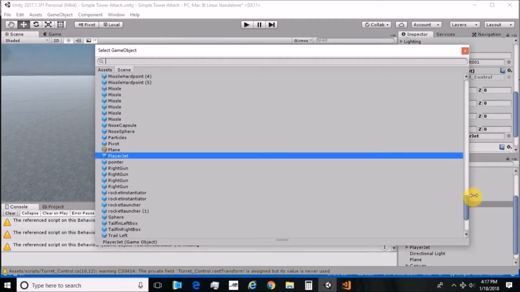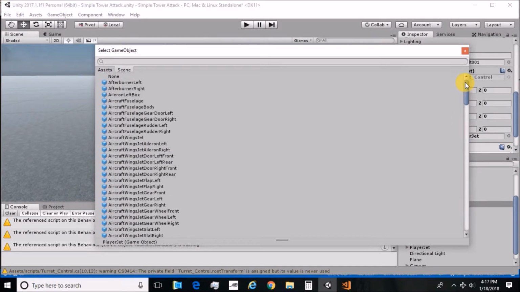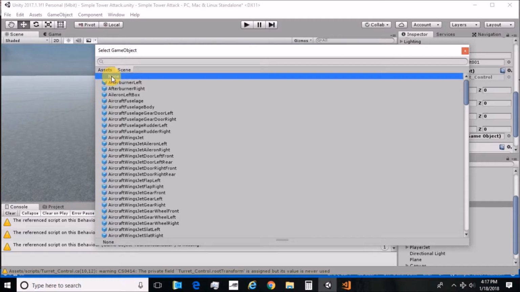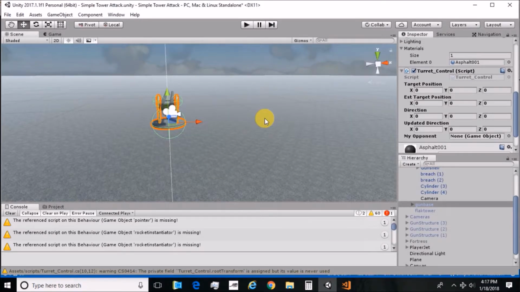However, I've learned it's best practice not to do this, but instead to acquire it at runtime. And the reason is because in many more complex games, you may have any number of opponents, and you'll need to acquire them as different targets at different times based on their current state or how close they are to you or something like that.